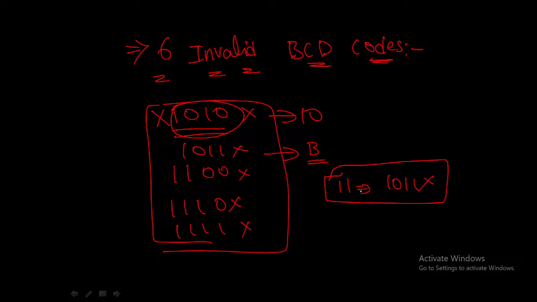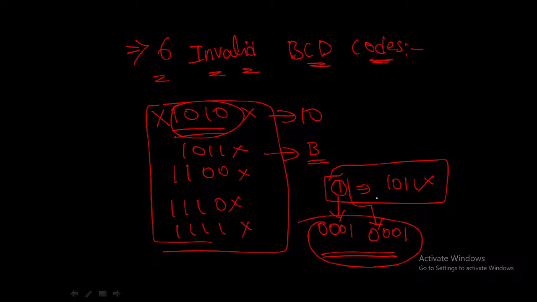BCD means we have to write the representation of each and every single digit: 0001 followed by 0001. This is the BCD representation of 11. 1011 is the binary representation, not the BCD representation, so that's why it is invalid. Similarly, these are all the invalid cases. So how many cases are there?